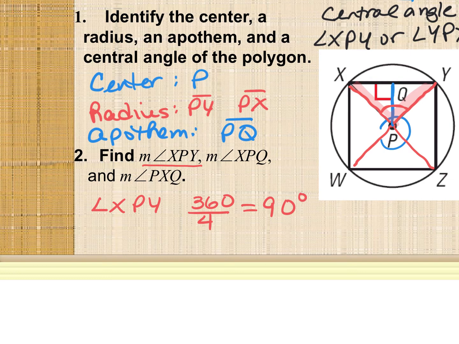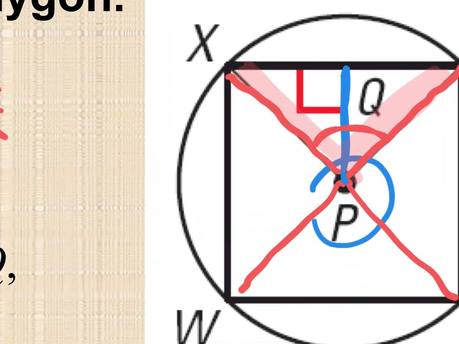Next, they want me to find the measure of XPQ. XPQ is actually this piece of the 90-degree angle. Once you draw in that apothem, it's a perpendicular bisector.